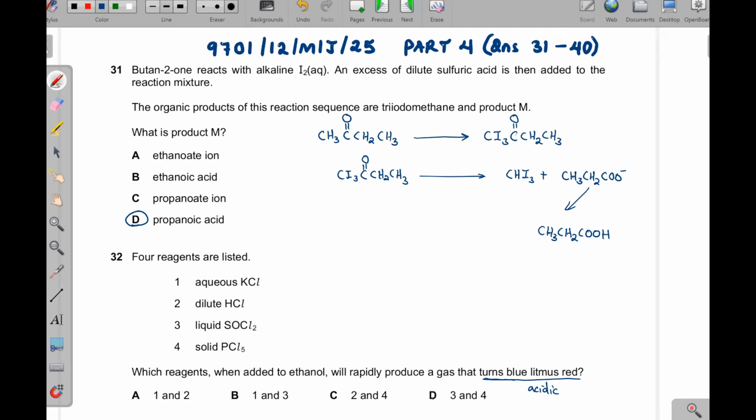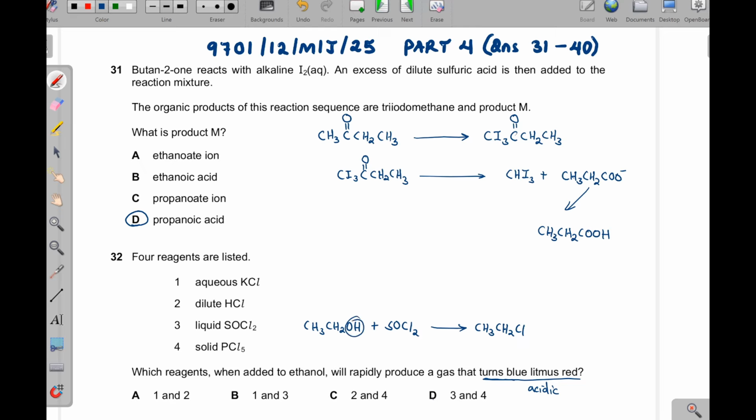Now we have a reaction here with thionyl chloride. Alcohols can react with these in a substitution reaction. If I have ethanol here, CH3CH2OH, it can react with this thionyl chloride, and we get CH3CH2Cl.